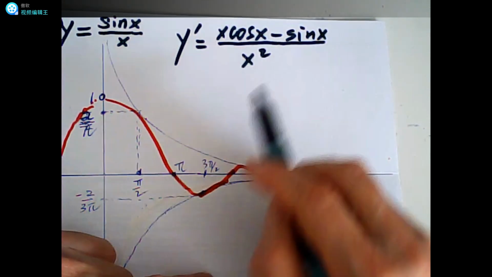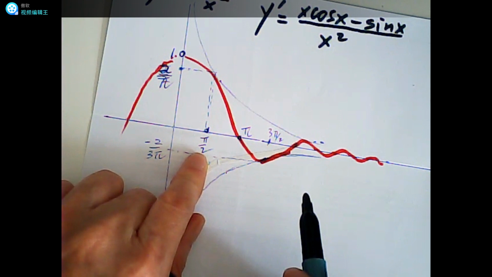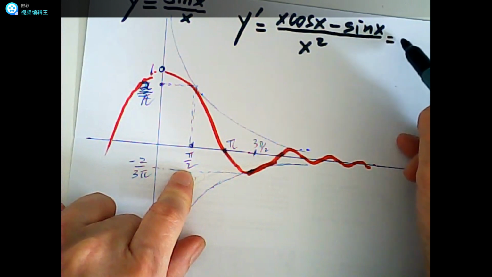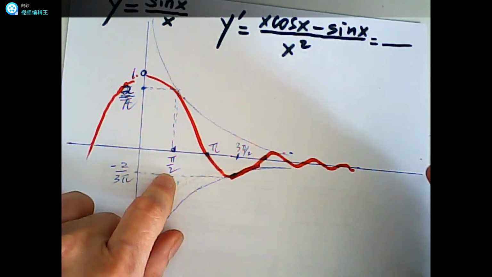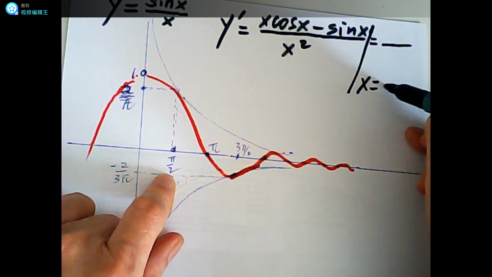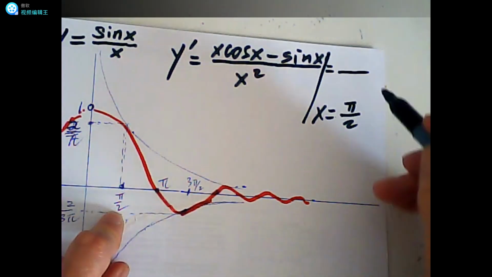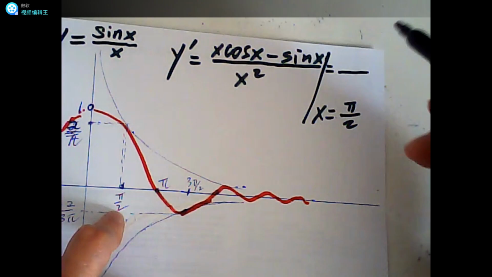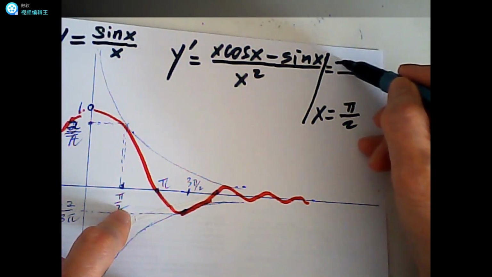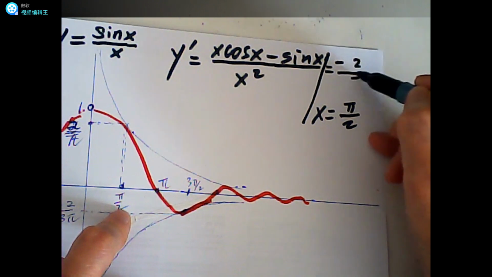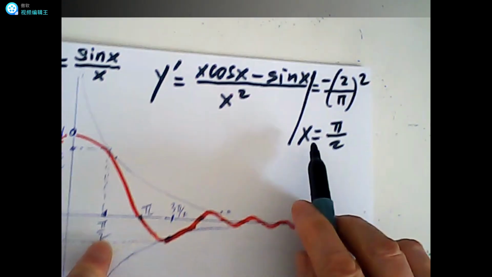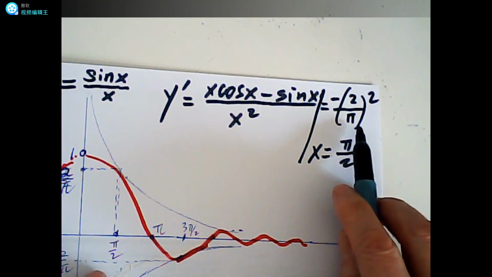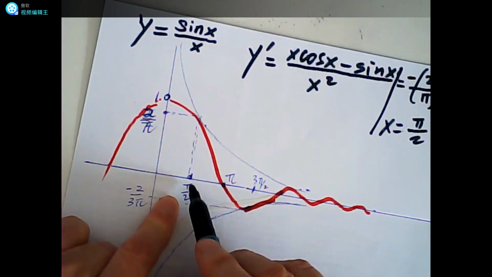At this point, when x is equal to half pi, cosine is 0 and sine is 1, so this is negative 1 over the square, so it's negative 2 over pi squared. That is the slope of the tangent to the point at half pi.